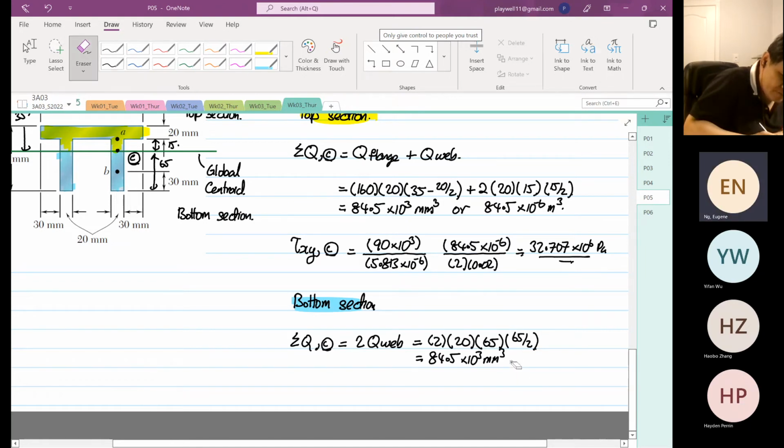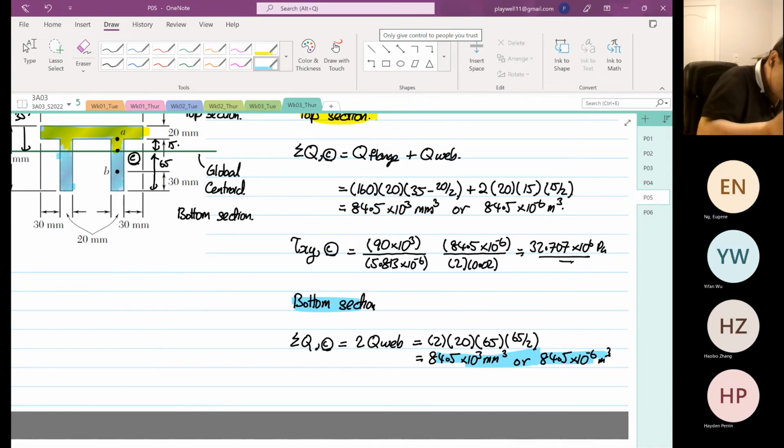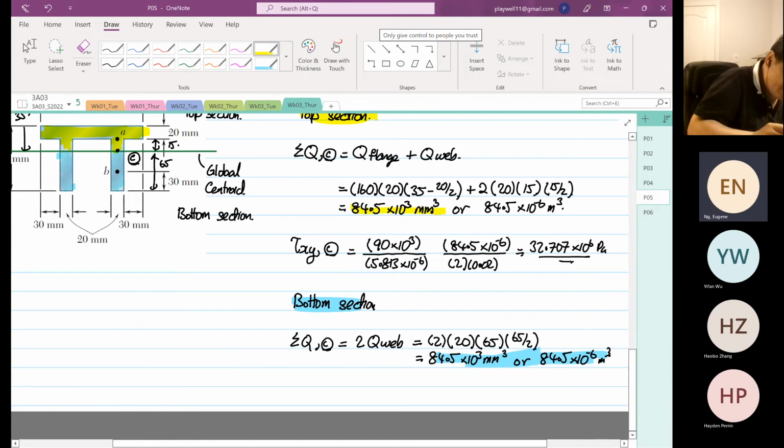millimeter cube, or 84.5 times 10 to the power minus 6 meter cube. And you have seen this value before. Hey, Eugene, come on. You have seen this value before. This value over here is exactly the same as the value over here.